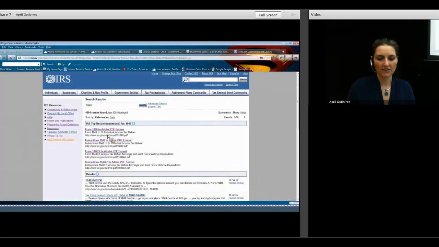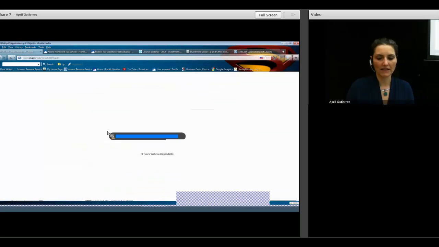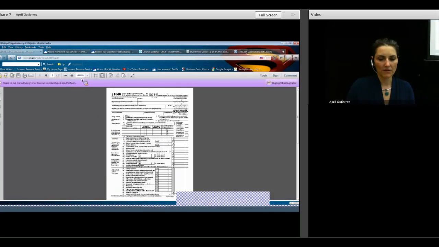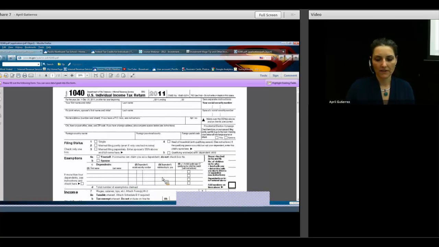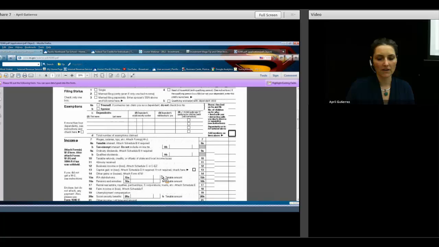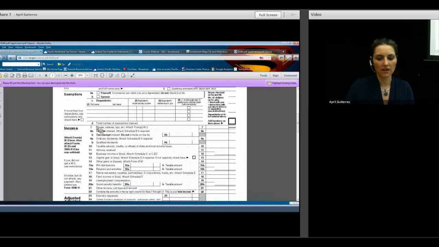Whenever you take my classes, it's a good idea to have the form handy next to you so that when I'm referring to line numbers on it, which I frequently do, you can just refer to the form. So here I've called up the Form 1040. We're talking about line 7 wages, and what the IRS wants you to do is in this space right here on the dotted line next to line 7, type SCH to tell the IRS that you're including taxable scholarship in the amount entered on line 7.